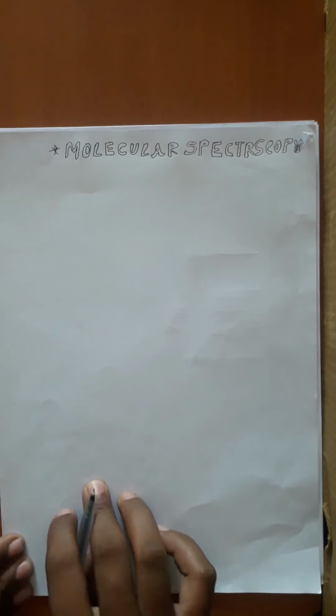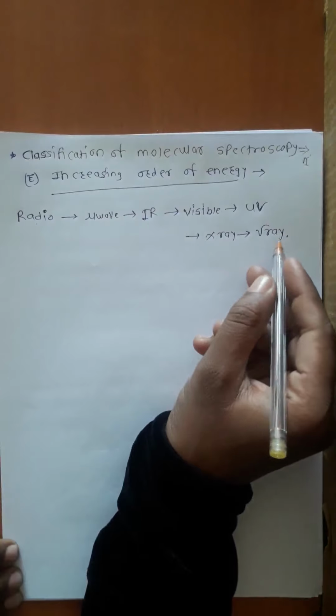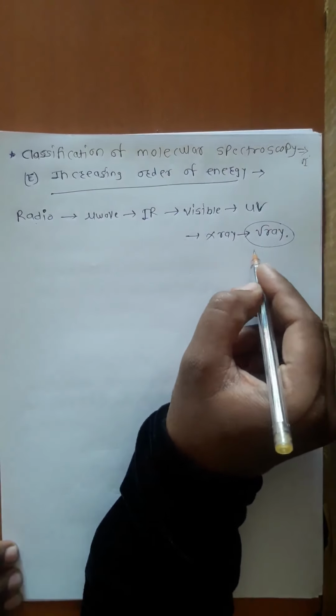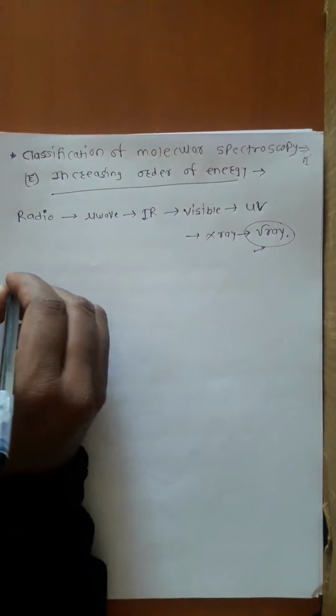Radio waves have the lowest energy molecular spectra, then microwave, IR, visible, UV, X-ray and gamma ray. Gamma rays are of very high energy. Now I have to discuss here one by one. First one is the gamma ray.